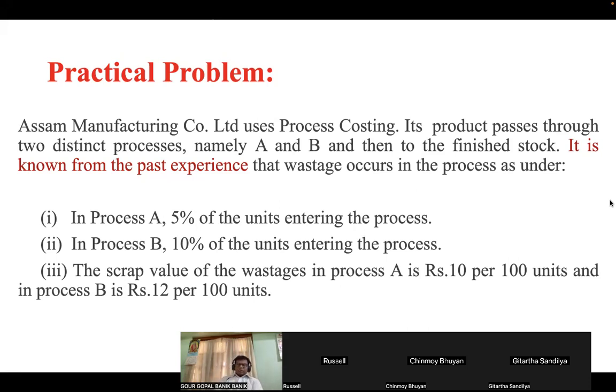Students, please remember one thing: wastage means loss. There are two types of loss. I must explain to you before I go ahead. There are two types of losses in your life, in business, in everything. One particular loss will definitely occur. You cannot control it.